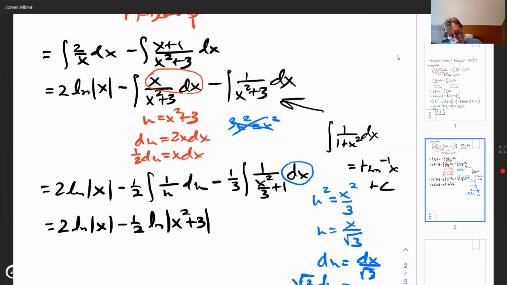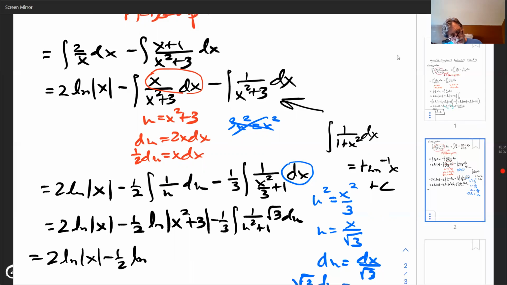So we're getting minus 1/3 integral of 1 over u squared plus 1, beautiful, times radical 3 du. And we can finally do the problem, folks. The final answer is this: 2 natural log absolute x minus 1/2 natural log of x squared plus 3, because it's always positive.